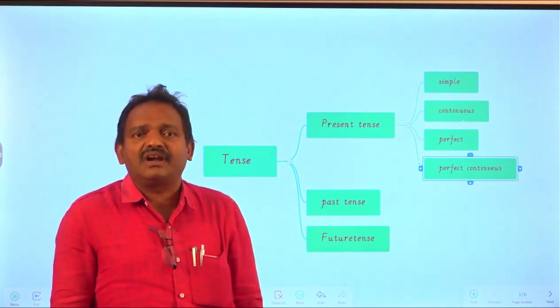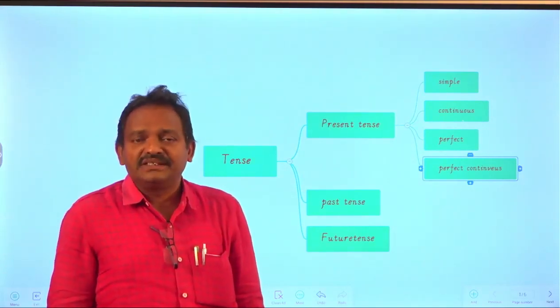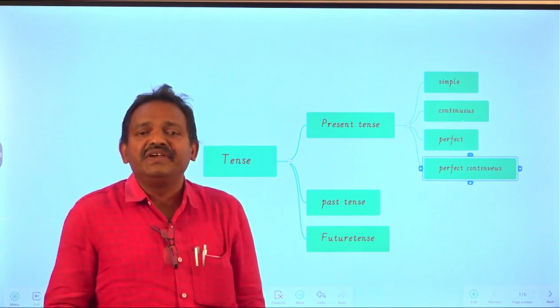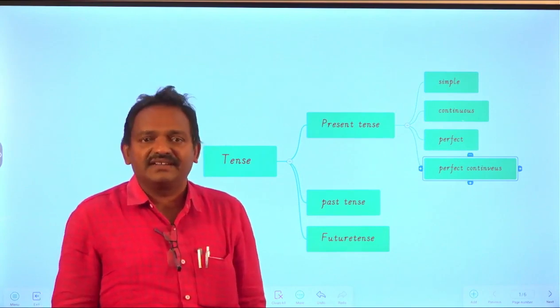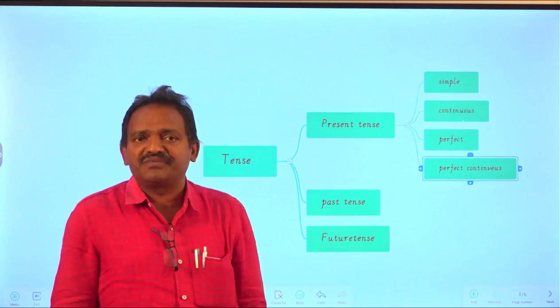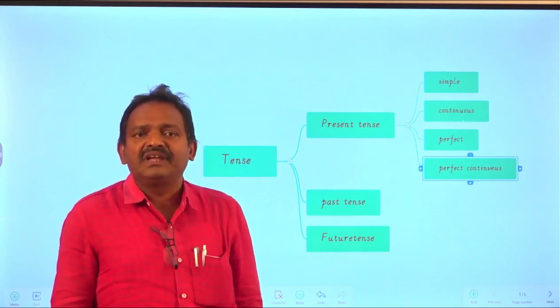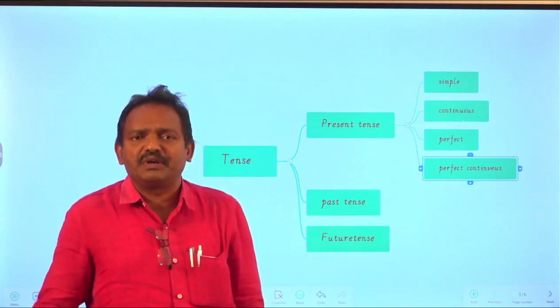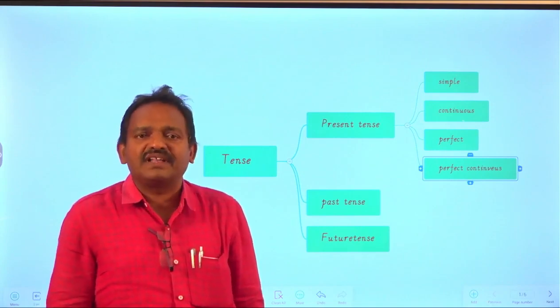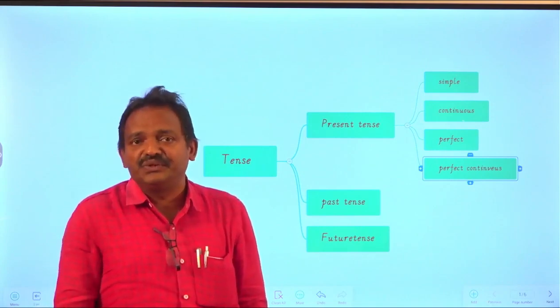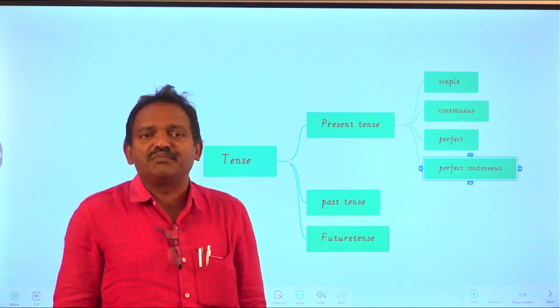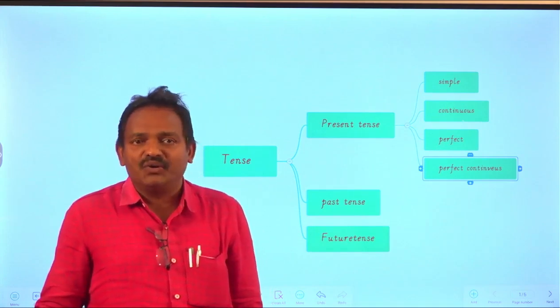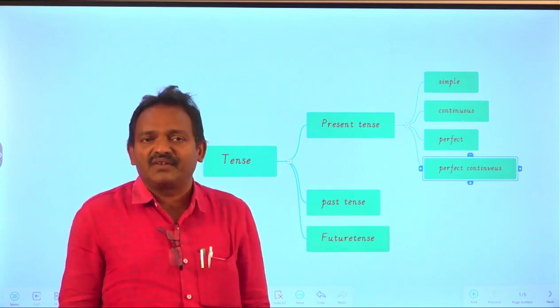This is what is called present tense. Generally, in the present tense, V1, verb 1 is used. You see, there are so many verb forms, V1, V2, V3, and gerund, present participle, past participle. But in the present tense, we use V1. For example, I eat a mango. Here, eat is the V1.